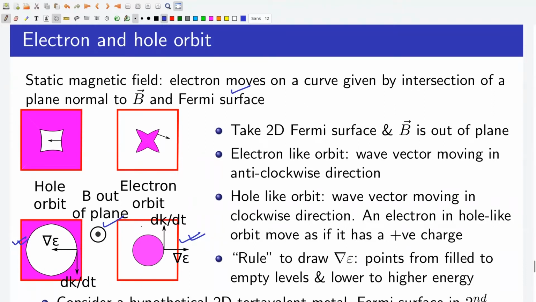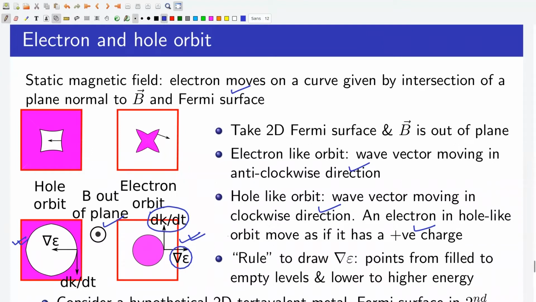In electron-like orbit, wave vector change in a counterclockwise direction. In hole-like orbit, wave vector change in a clockwise direction. An electron in hole-like orbit moves as if it has a positive charge. Note that dk/dt is perpendicular to the gradient of energy.